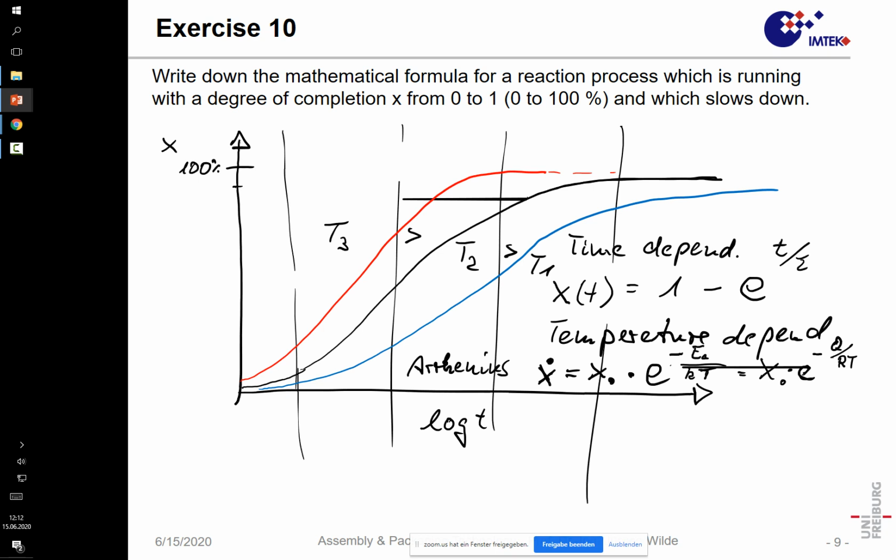So in that case, that's how the chemists and the engineers normally write it. R is the gas constant in joule per mole and Kelvin, and here that's the physics version. Here we have the Boltzmann constant and the activation energy in electron volt. Okay.